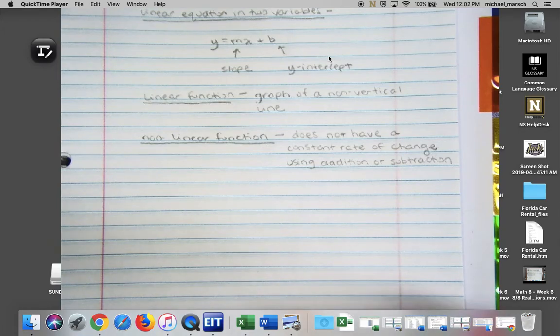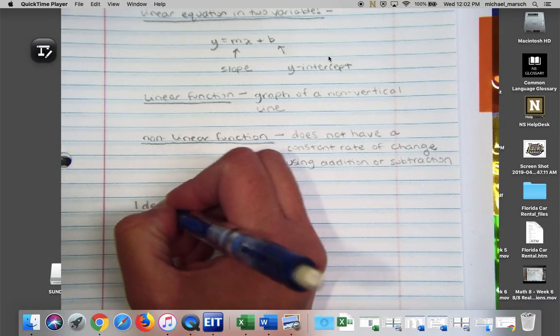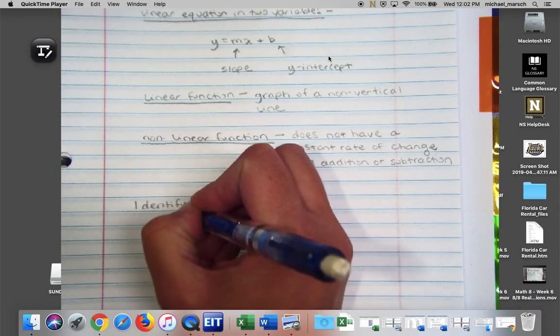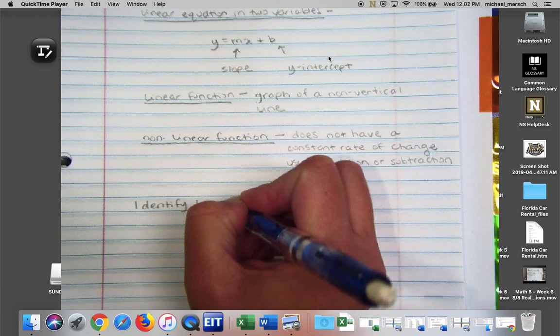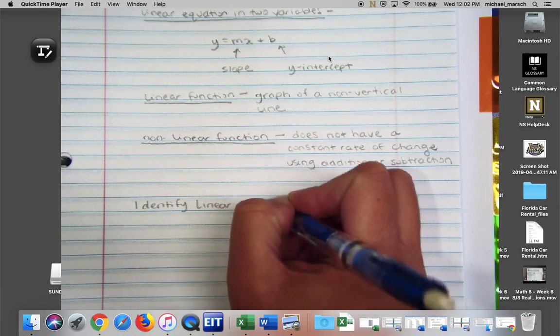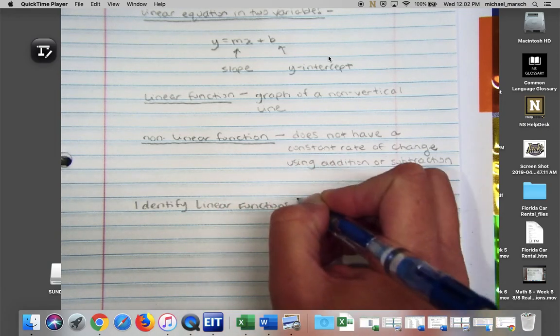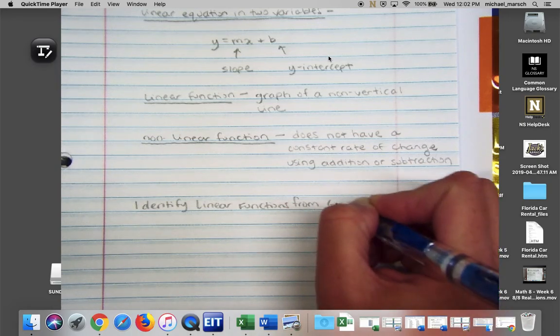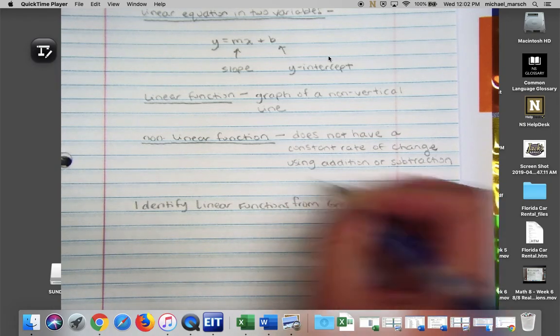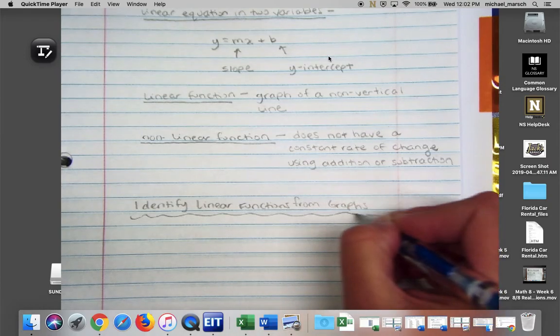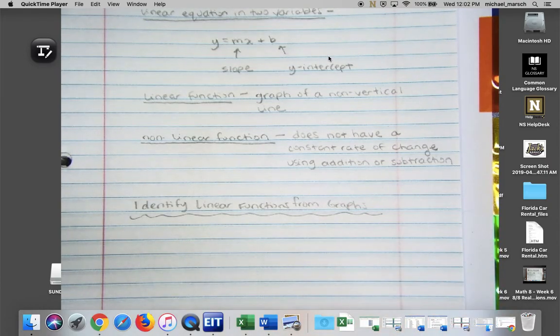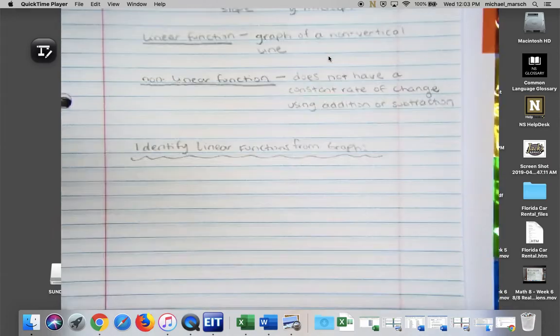Okay, so what if we're just identifying linear functions from graphs? So let's start that. We're just going to doodle some graphs here.